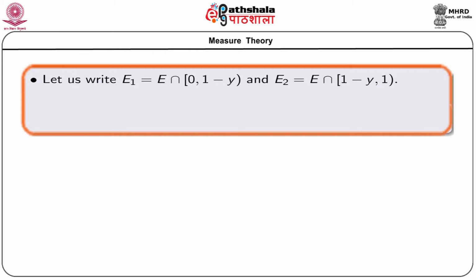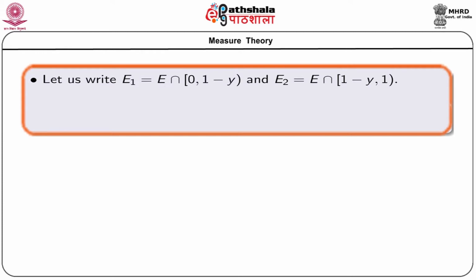We start the proof. Let us write E1 equal to E intersection [0, 1 minus y), and E2 equal to E intersection [1 minus y, 1).